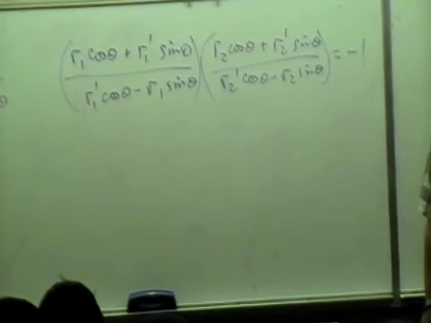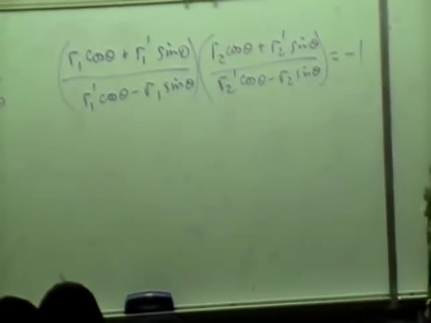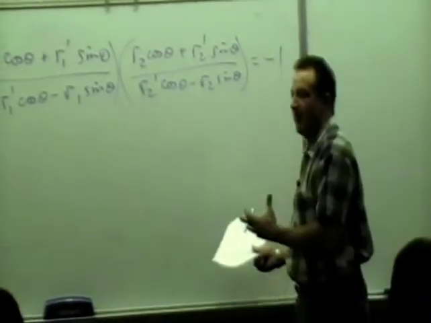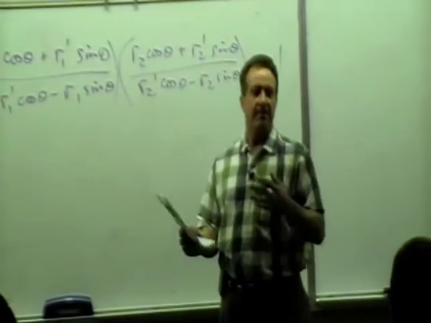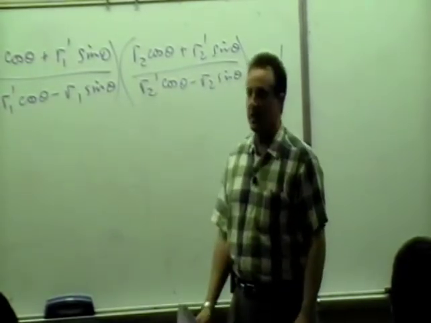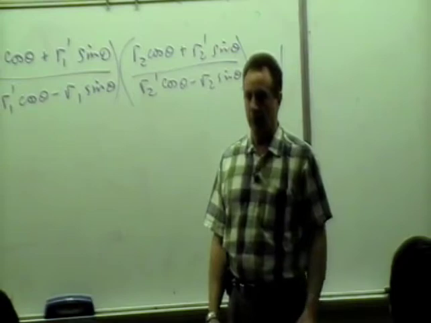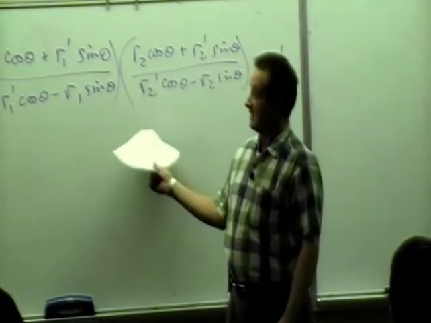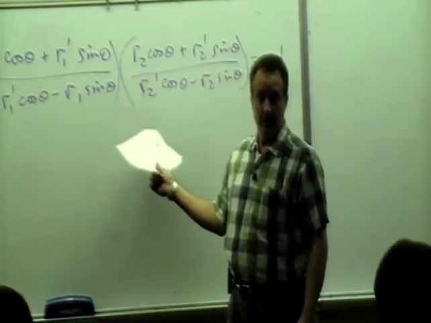Right? Big mess. Try to simplify it. You're not going to get very far. In fact, to try to come up with some easy, convenient way of checking whether two polar curves are orthogonal trajectories of each other, this is not the way. So we're going to have to look.